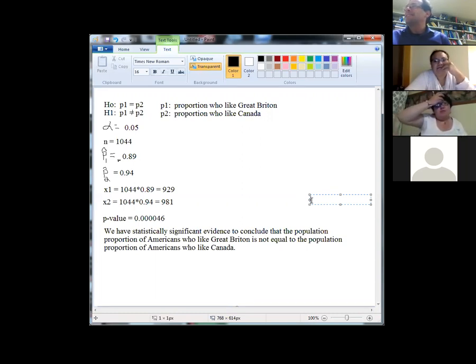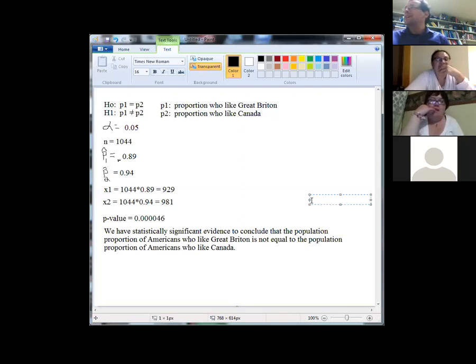Question? What if you put X? What do you mean X? Instead of P or mu for mean, right where it says the H1, instead of putting a P for proportion or mean. Oh, that'd be wrong. So it's definitely P1 and P2. Does that make sense? Because we're talking about a proportion.